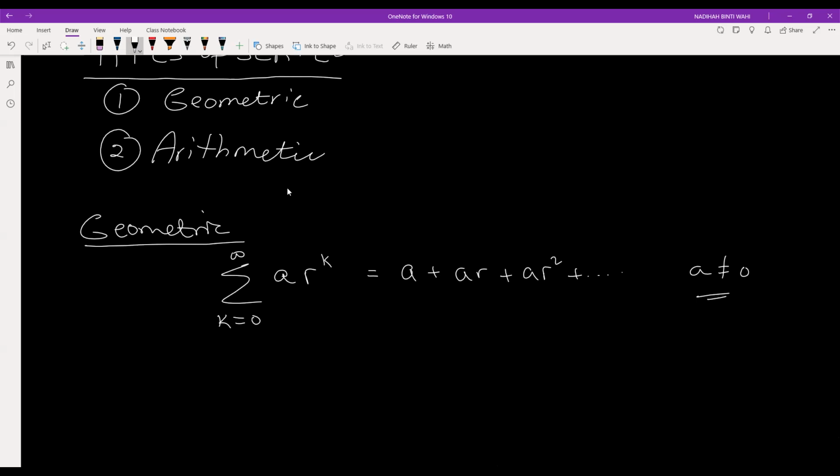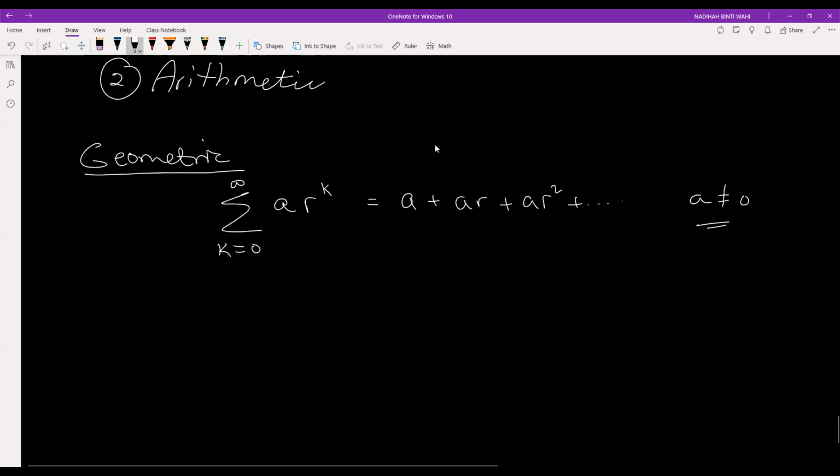Okay, and then what's the sum of this? The sum of this is just a over 1 minus r. So what is r? r is the ratio. a is just the coefficient.